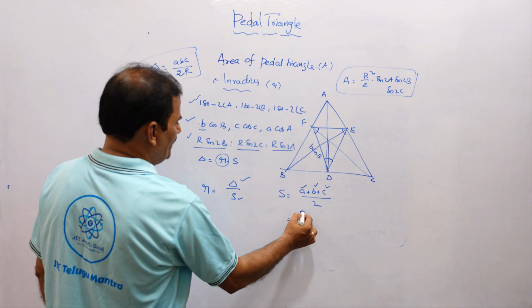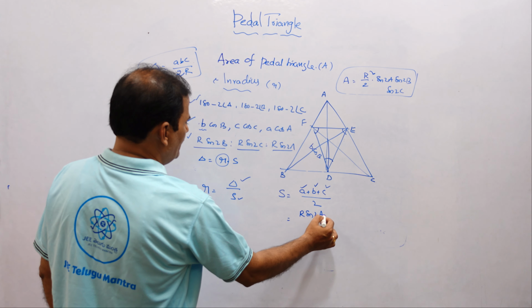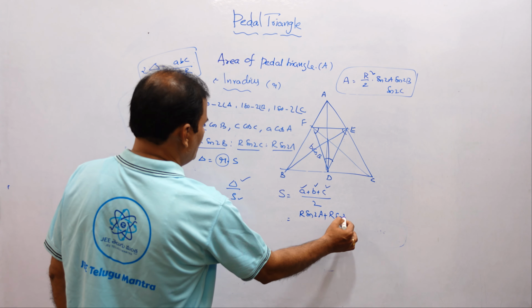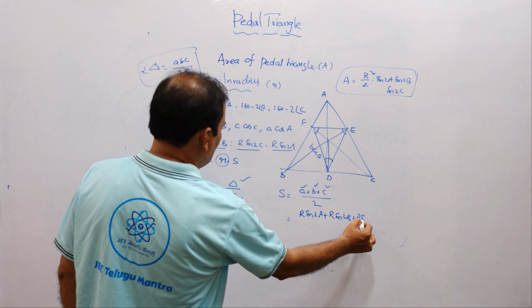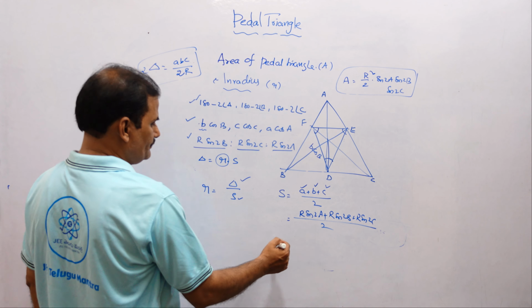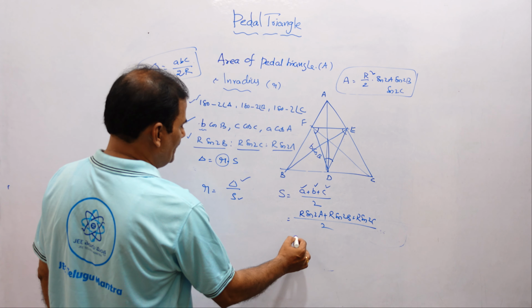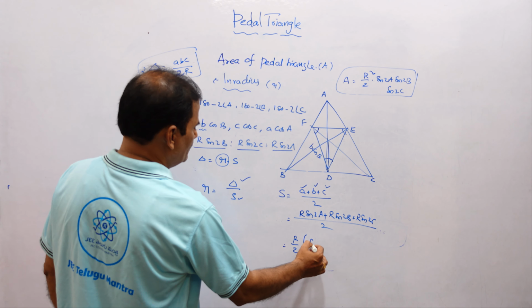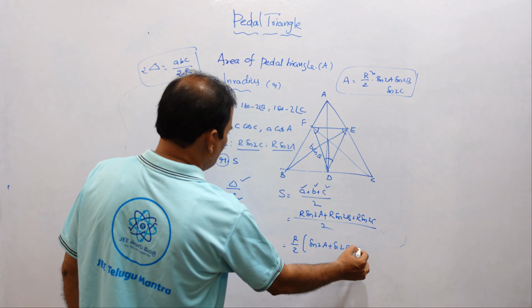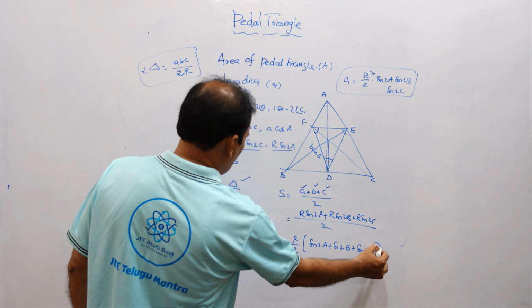So here R sin 2A plus R sin 2B plus R sin 2C by 2. Take R common, R by 2 into sin 2A plus sin 2B plus sin 2C.